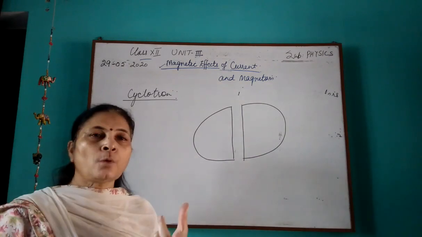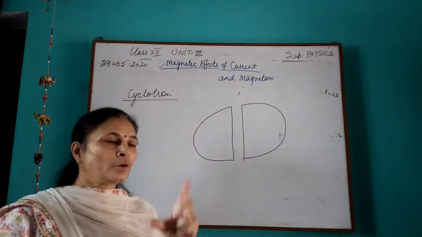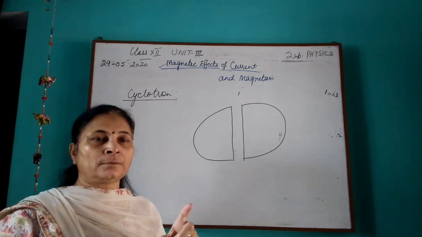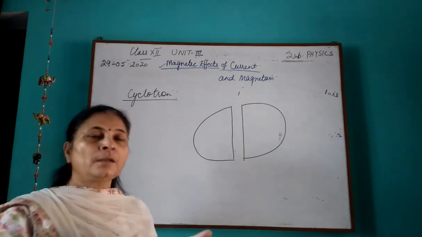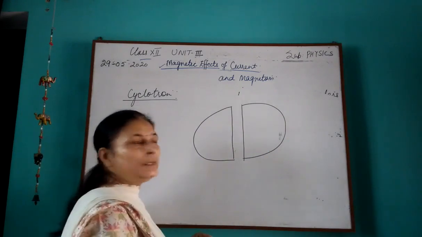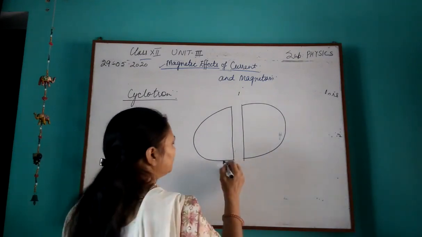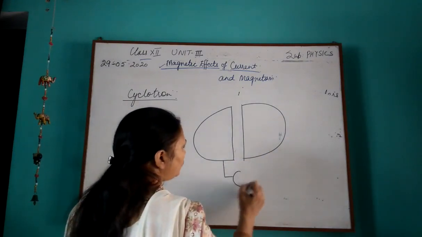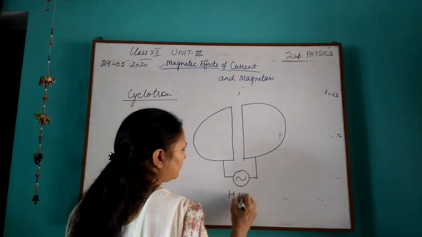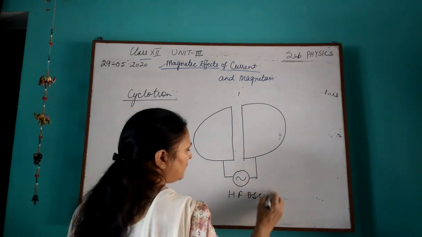Like you have a cream bottle or polish container, which is not of very much height, and you just break it into half. So you get 2 semicircular Ds in this manner. This will be connected to a high frequency oscillator.